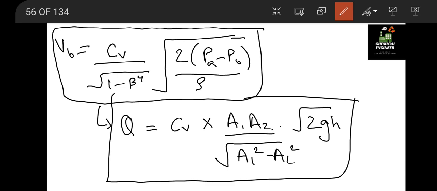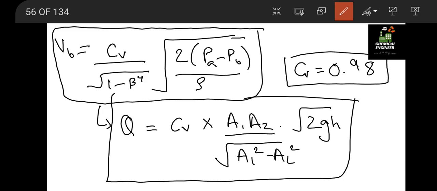CV for the Venturi meter ranges from 0.98 to 1. You can also calculate m dot, the mass flow rate, by multiplying rho AB VB. So you can directly find that equation as well. That is all about the Venturi meter.